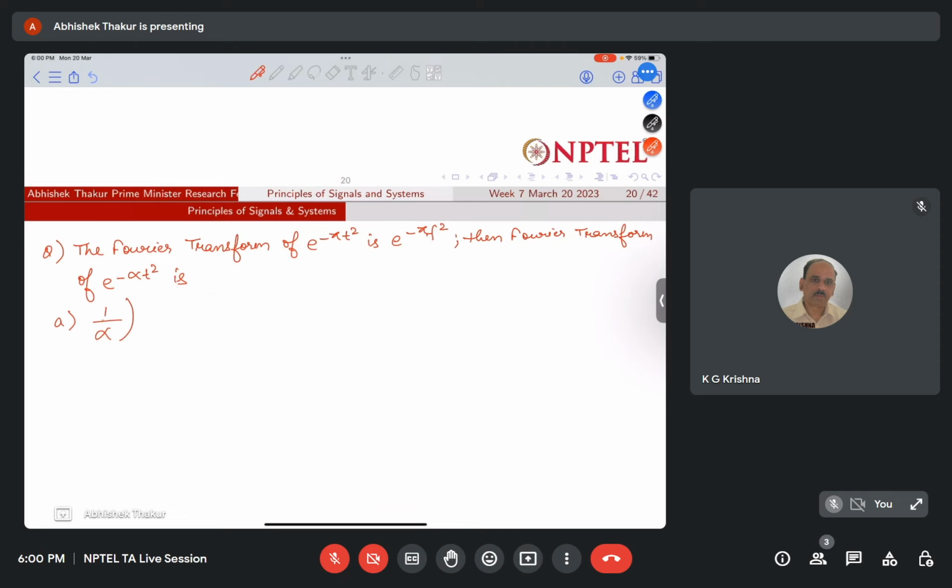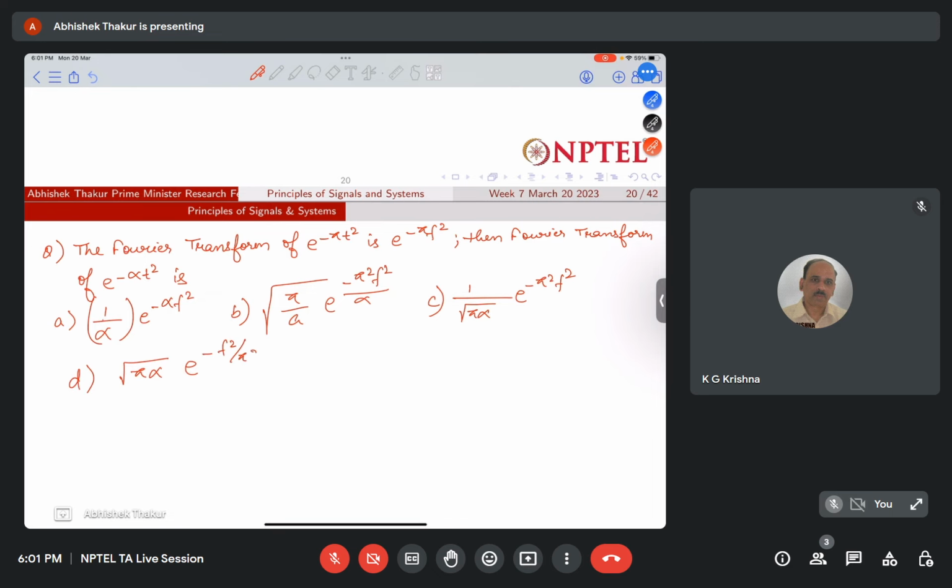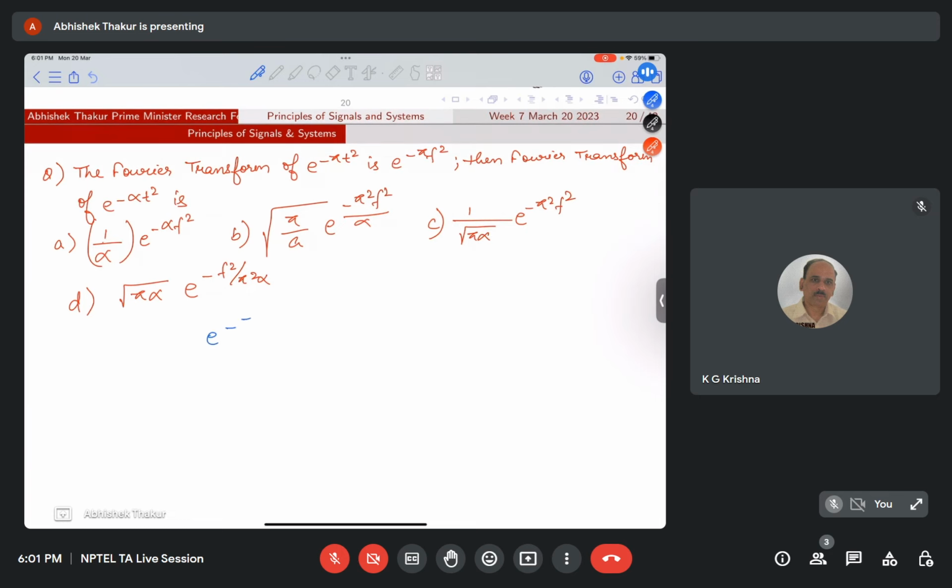Four options were there. The Fourier transform of e to the power of minus pi t square is given as e to the power of minus pi f square.